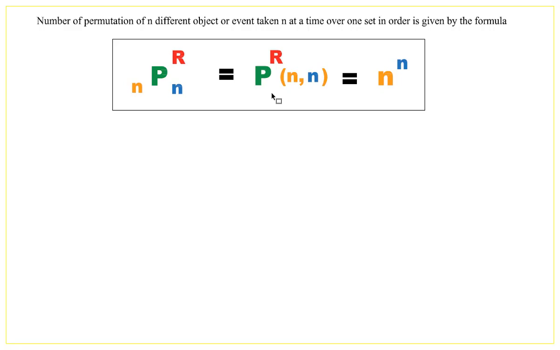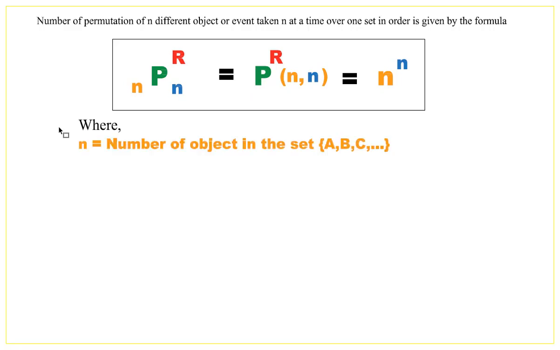So let's write this formula in a very clear way, indicating that permutation is with replacement. And if we don't write R on top, it means this permutation is not with replacement. So now we have to write down the meaning of every symbol.